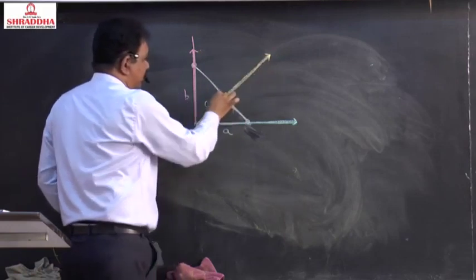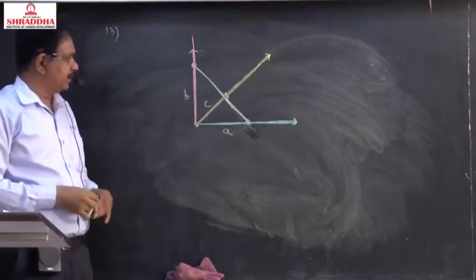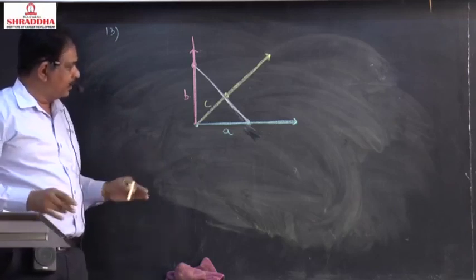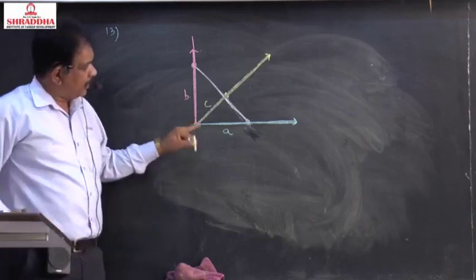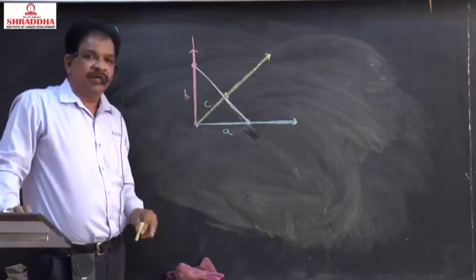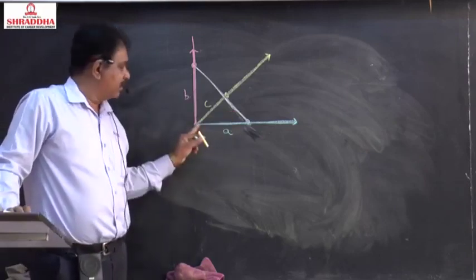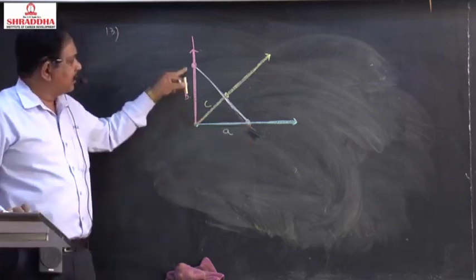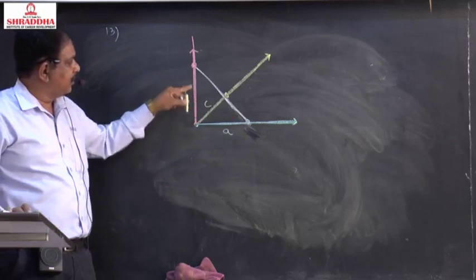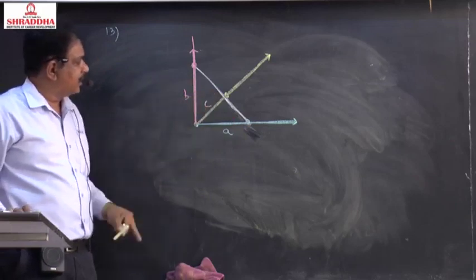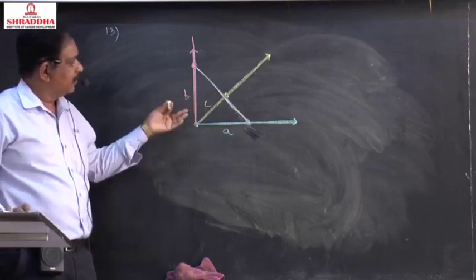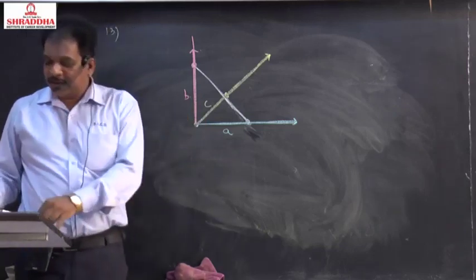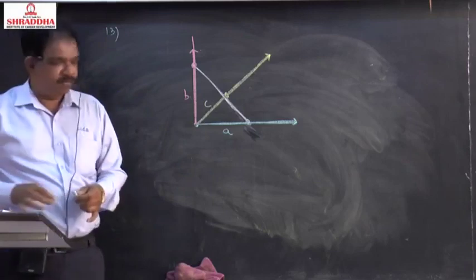After any time, these three particles are collinear. After 1 second, A will travel a distance a, B a distance b, and C a distance c. All are collinear. Okay. Then write the coordinates of C.